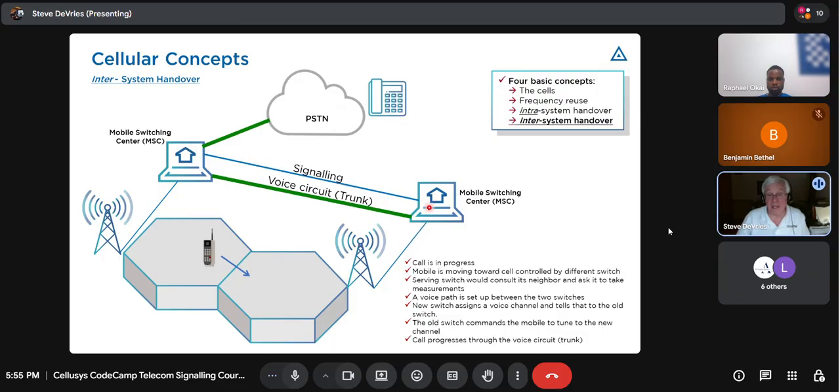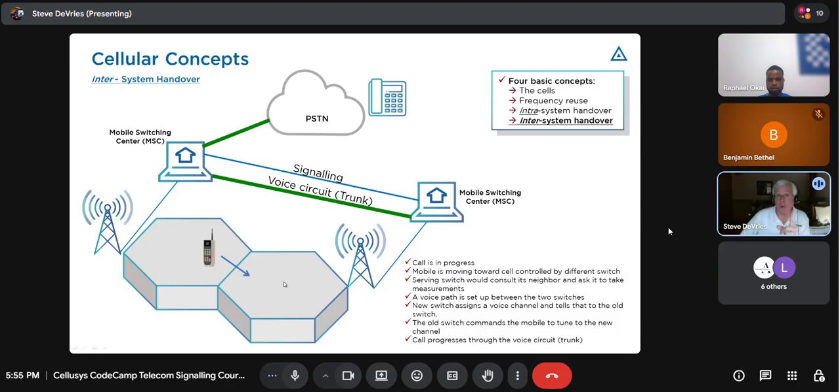And if the signal strength is satisfactory, then this switch will set up a voice path. And your total path that you would communicate would be from this mobile, talking on that voice path to the mobile switch, and then to this switch, and then you'd continue to talk.